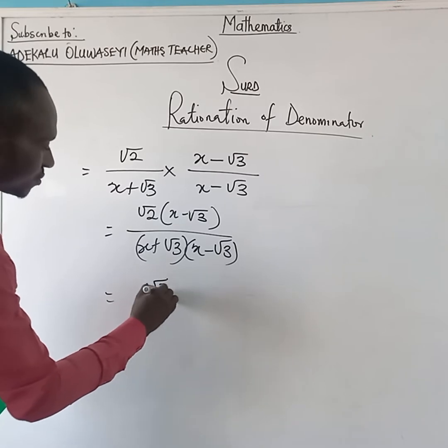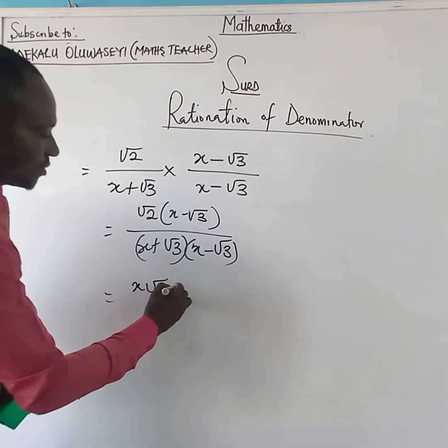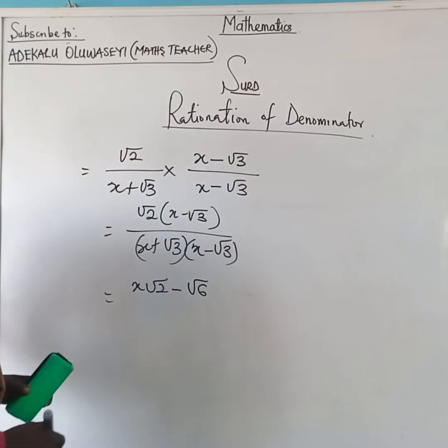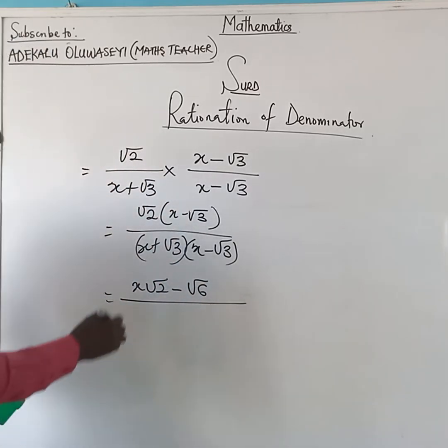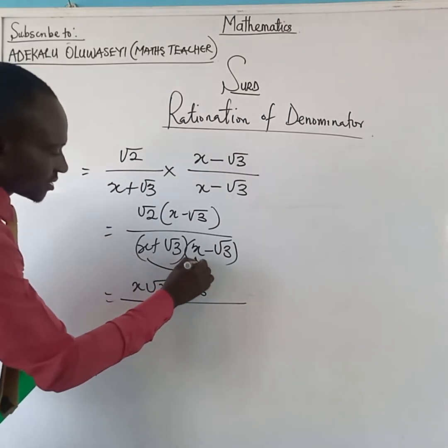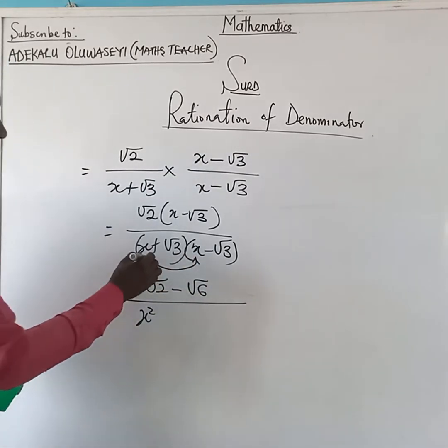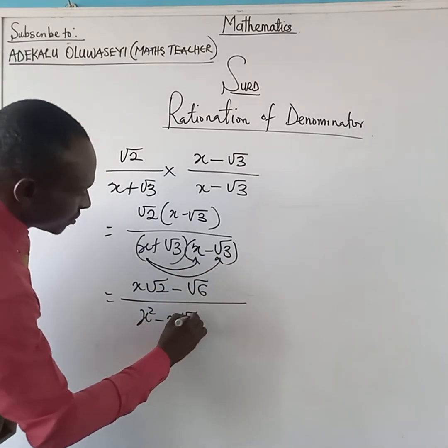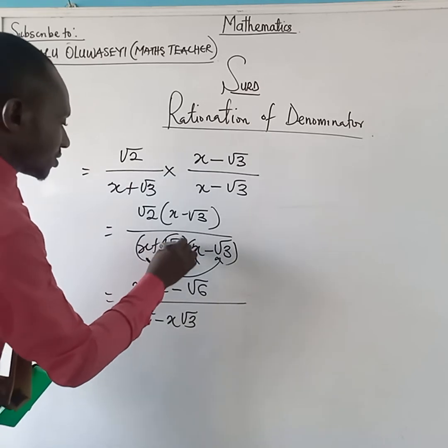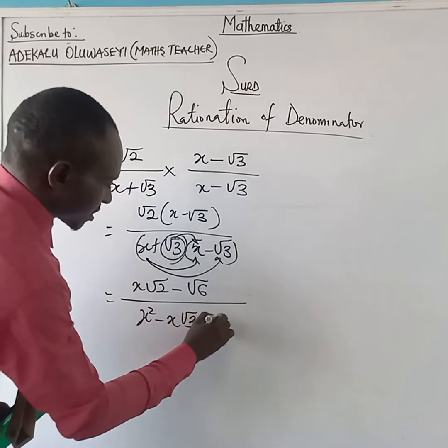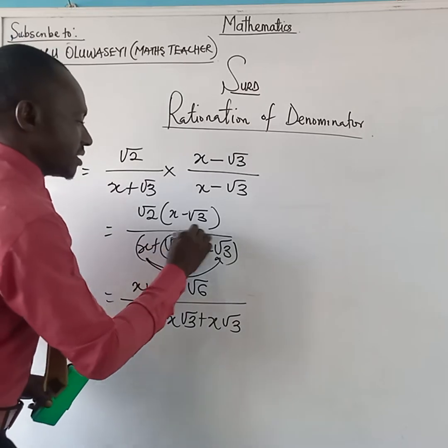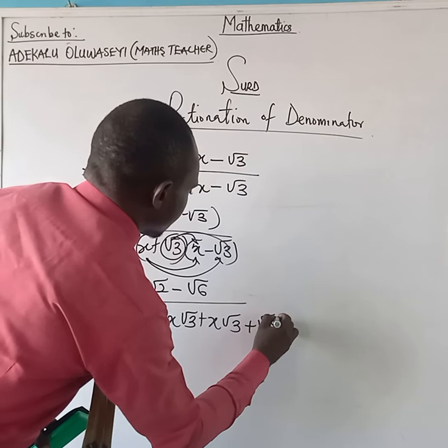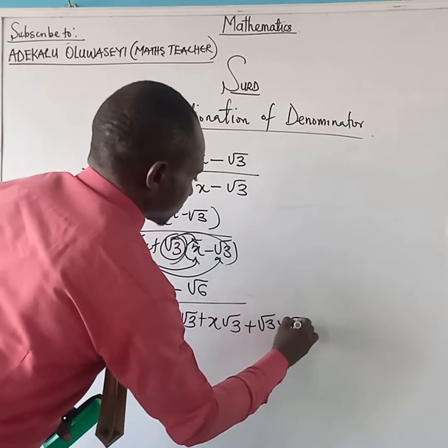We have root 2 times x is x root 2, minus root 2 times root 3 will give us root 6, divided by, let's multiply our x with this. So we have x squared, x to this we have minus x root 3, then root 3 to this plus x root 3, then this to this we have plus root 3 times root 3.